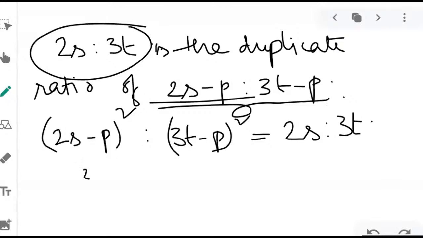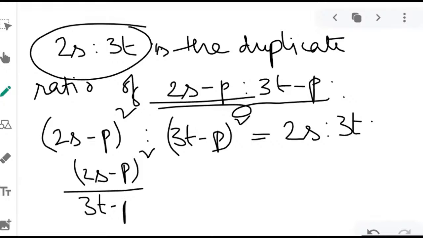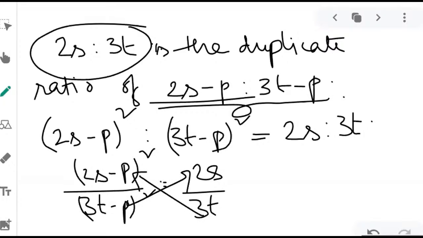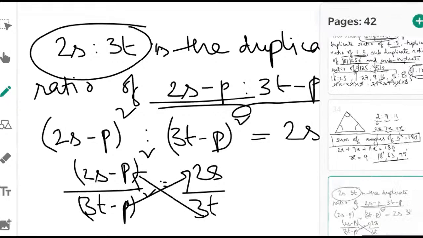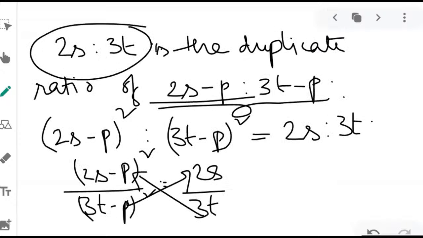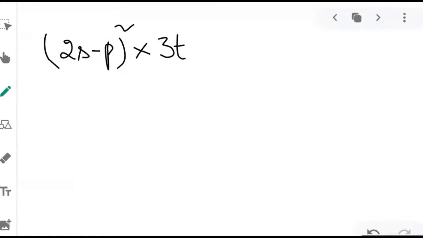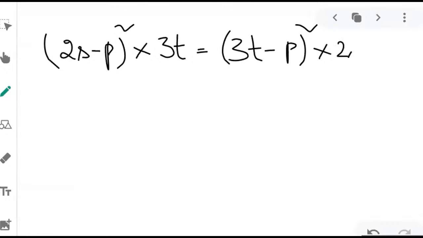Now cross-multiplying, 2s minus p whole square into 3t is equal to 3t minus p whole square into 2s. From here onwards, it's just a matter of expanding and multiplying.